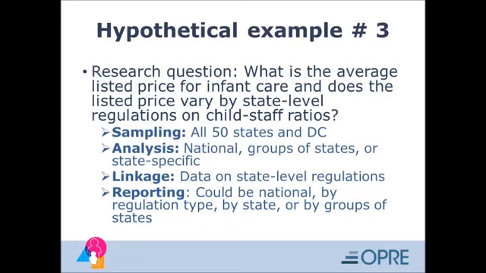And so this is an example where you're faced with sample size constraints, as we had in the prior example. You'll have whatever variation in terms of your state level regulations. And then there's the question of how you want to undertake your analysis and reporting that maximizes whatever your objectives.